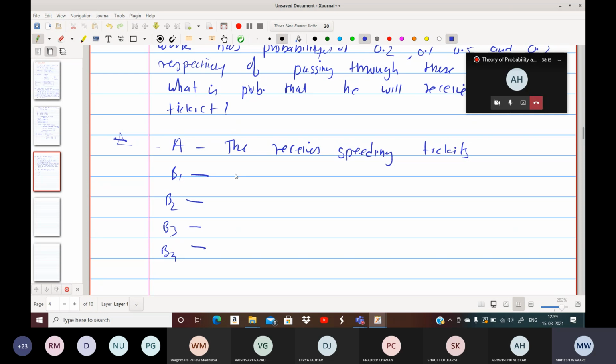Radar trap at location L1, radar trap at location L2, radar trap at location L3, and radar trap at location L4. The probability of B1 is 40%, so I say 0.4. The probability of B2 is 30%, so 0.3. The probability of B3 is 20%, so 0.2.